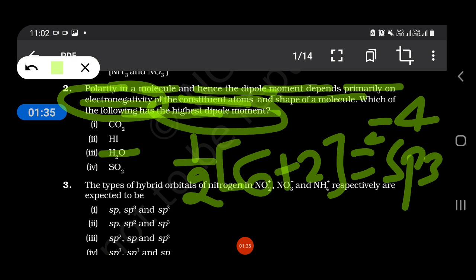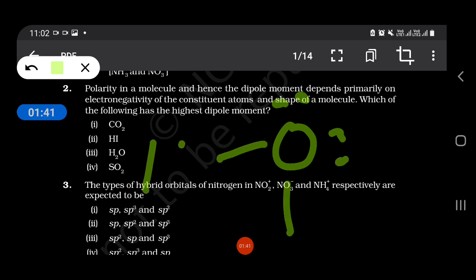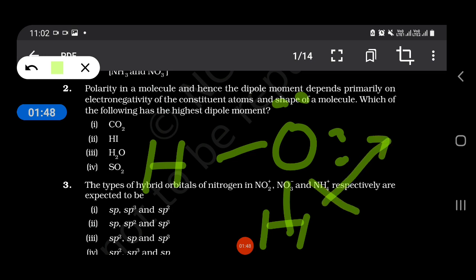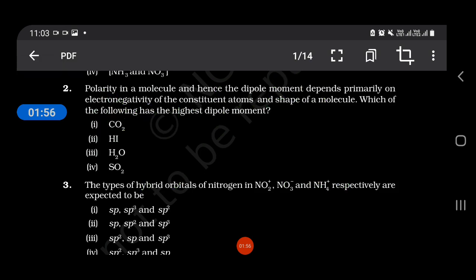So what happens is that oxygen, okay, and here you can see like this. So overall dipole moment is towards the unpaired electrons too. So it is bent shape.